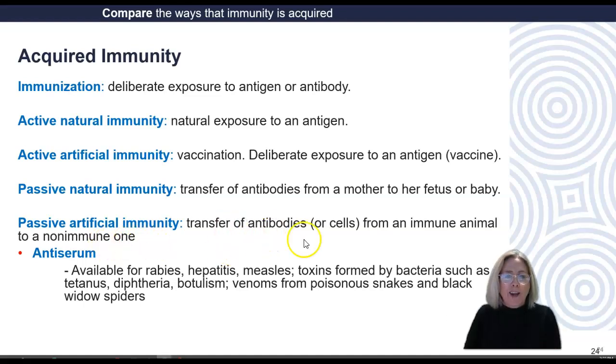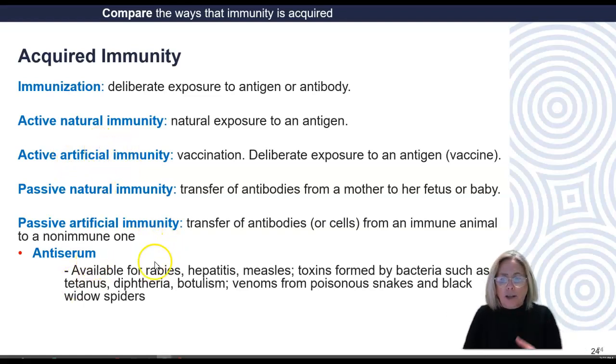Okay, so what does this mean? We're talking about anti-serum here, which is antibodies, right? So you would expose an animal to a particular antigen, and their immune system would do the work and produce the antibodies, and those antibodies are then harvested from that animal and packaged up into a little bottle of anti-serum, and then that's injected into a person when there's just no time to wait for this active immune response to occur, right?